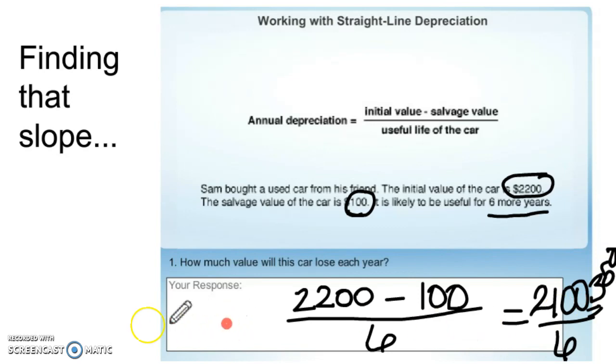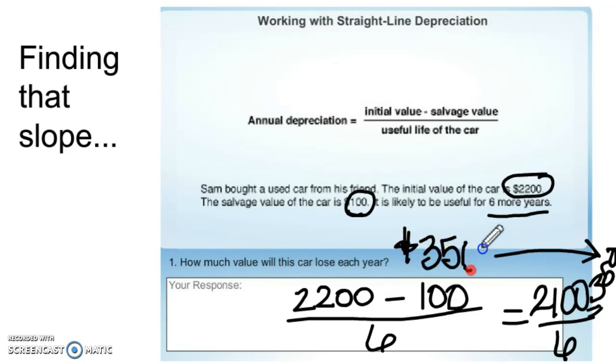Writing off to the side here. That's how much value the car loses each year: $350. So that would be our slope if we were using it. It would be minus 350 if we were using that in our equation to do some modeling.